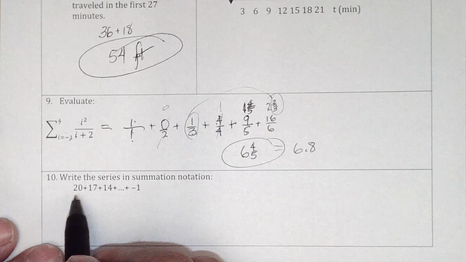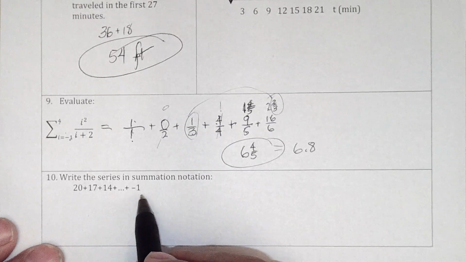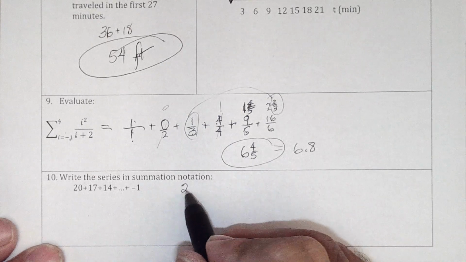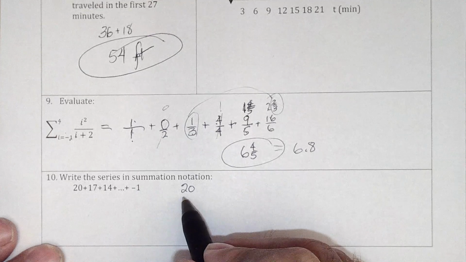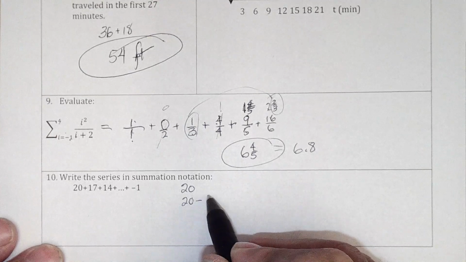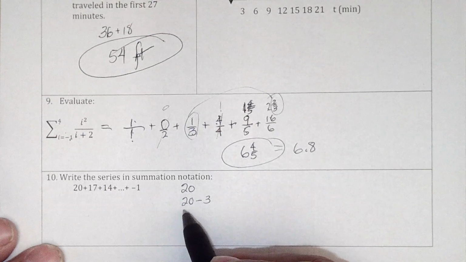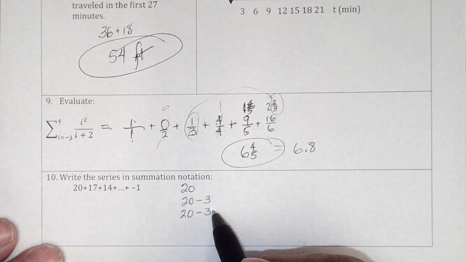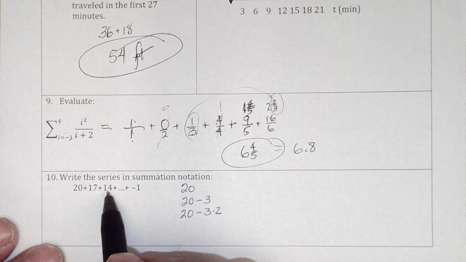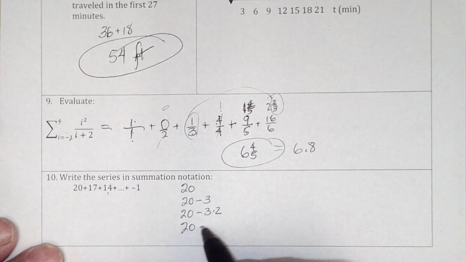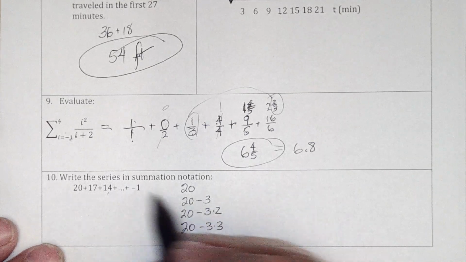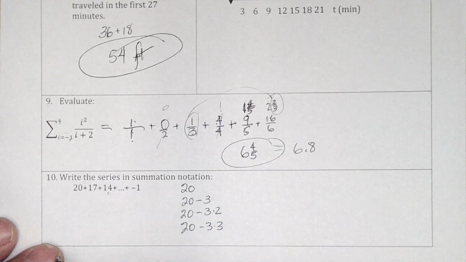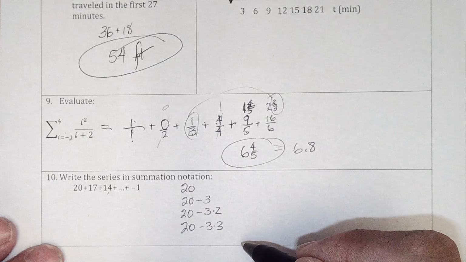All right. Best if you just notice a pattern, write what's going on. 20 is the first one. Then it's 20 subtract 3 to get the 17. And 20 subtract 3 twice to get this next one. 20 subtract 3 3 times to get the next one, and so on.